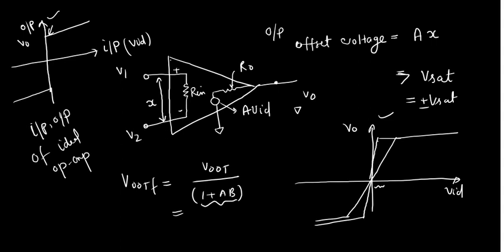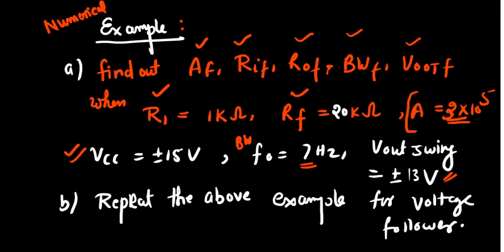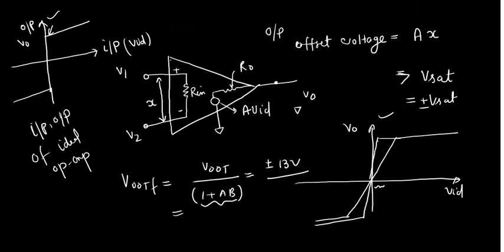And this is plus minus 13 volt because this is given in your question that V out swing is plus minus 13. Swing is the maximum value or the minimum value at the output which is allowed, right? Which is this only, V sat and minus V sat. Plus minus 13, and whatever factor we call it k, so you would divide it by factor k. Correct?